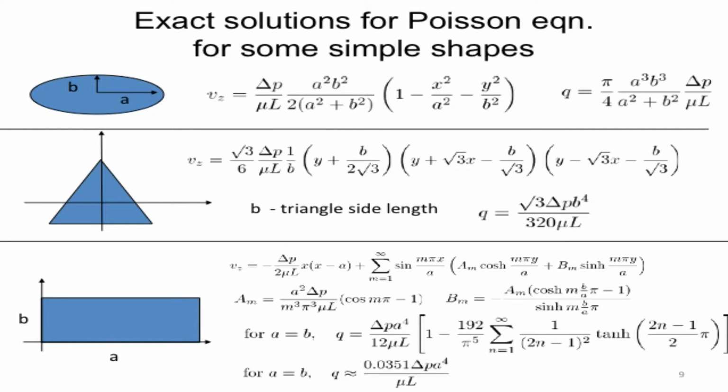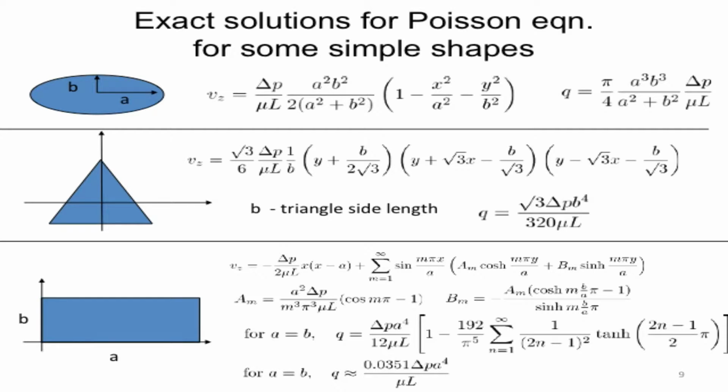They're actually listed here. There is the elliptical solution, and here is the Vz, as well as the ultimate flux through this type of tube. Then there is an equilateral triangle, and the solution is given there.